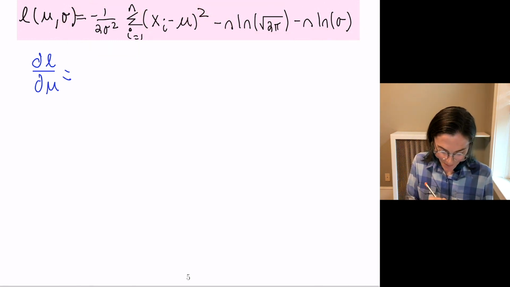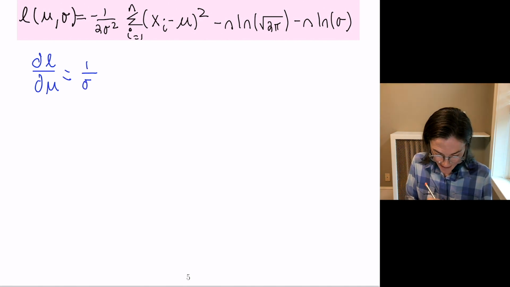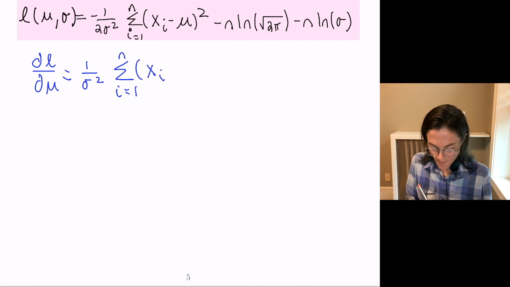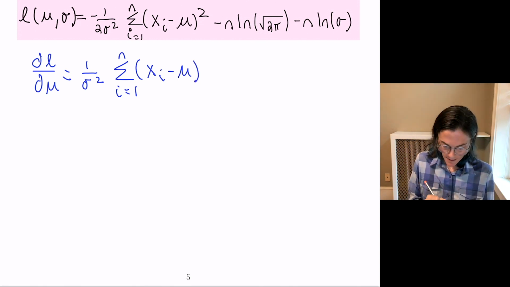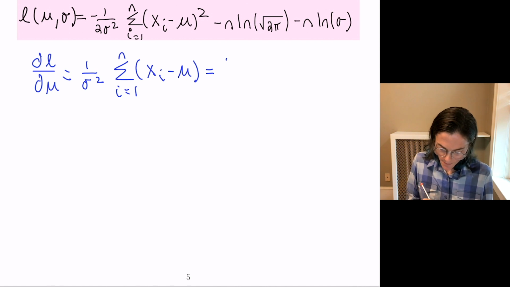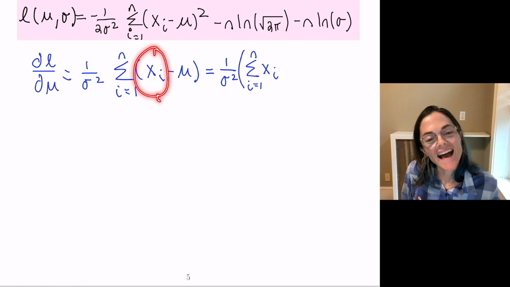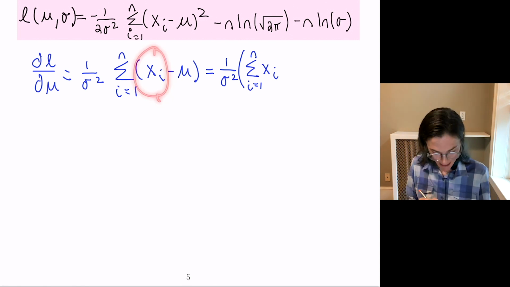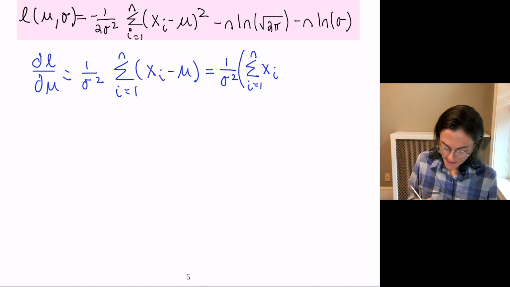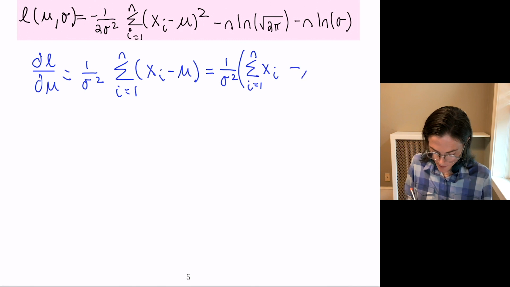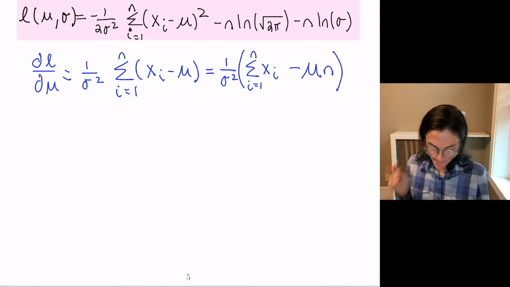And so I get the following: positive 1 over sigma squared times the sum, i equals 1 to n of xi minus mu. We can simplify this here, so I'm going to keep this out in front. We add i equals 1 to n xi, but then for this part, we add i equals 1 to n mu, it's just here. So minus mu times n, okay?